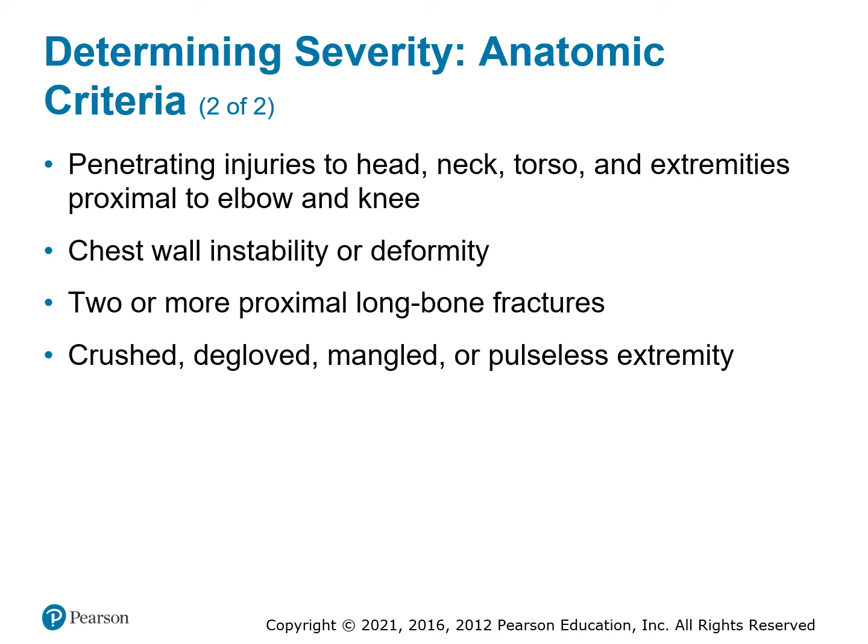Two or more proximal long bone fractures. So if they have bilateral broken femurs, or if they have a broken femur and broken humerus, those would be indications as well. And then any crushed, degloving, mangled, or pulseless extremities. So any major trauma to the extremities is another situation which should raise your level of severity.